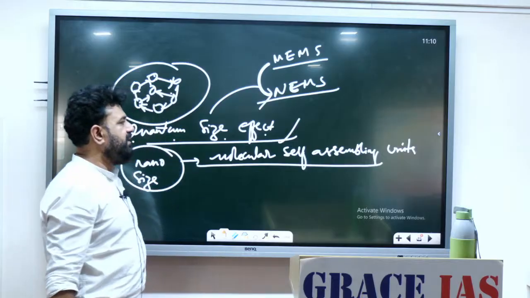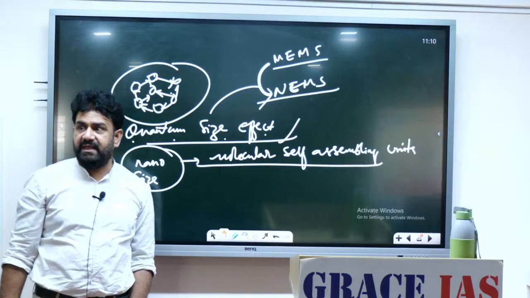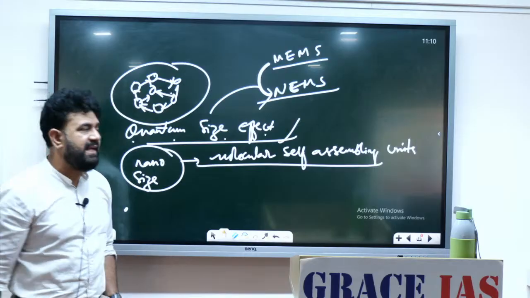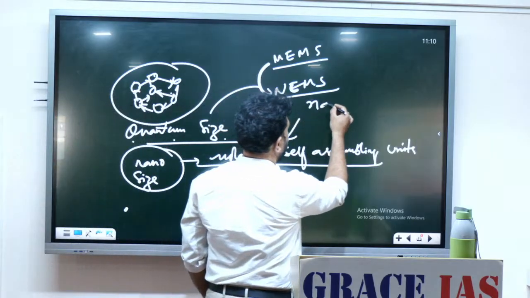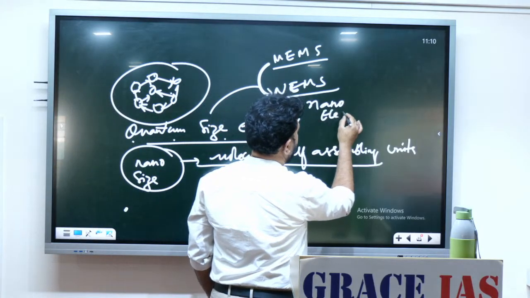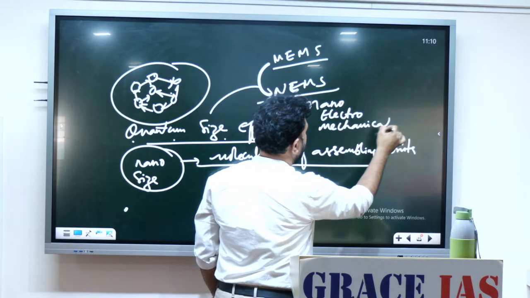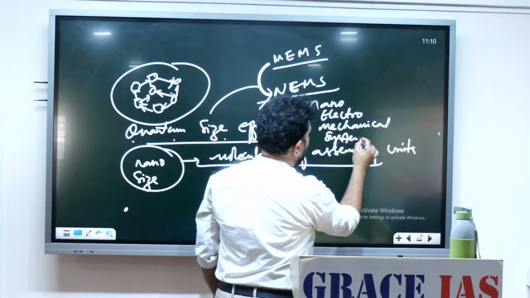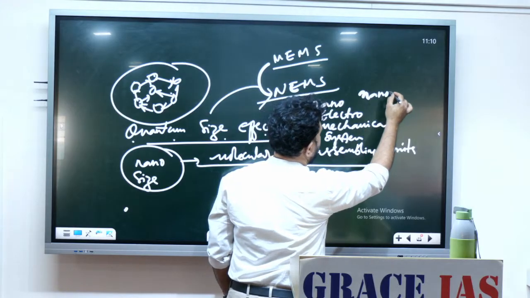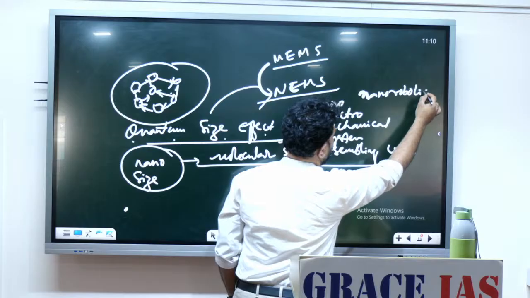Molecular self-assembling unit is a property of nano-sized materials which can be used to develop NEMS. NEMS is nano electromechanical systems, also called nano robotics, a new branch of robotics.